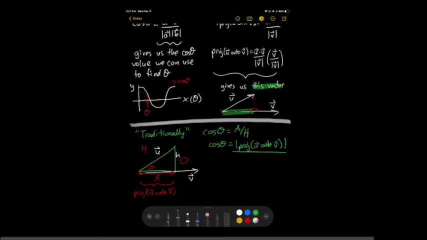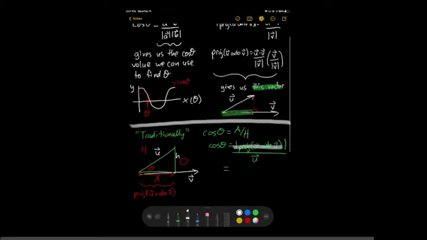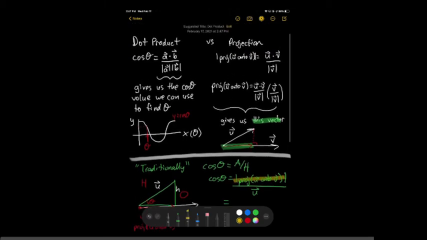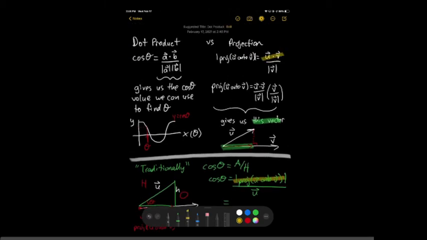Well, that's the vector u. What else do we know about this situation? Well, I know that the projection of u onto v is equal to this part right here. So let's sub that into our equation.